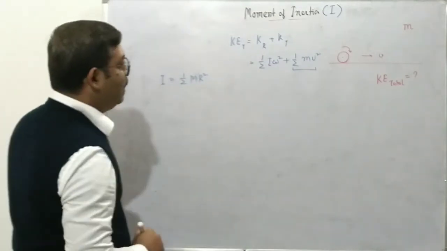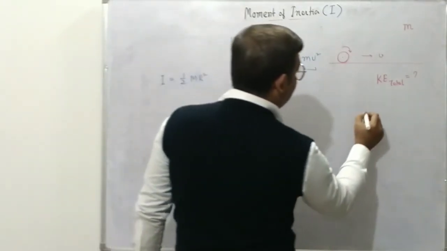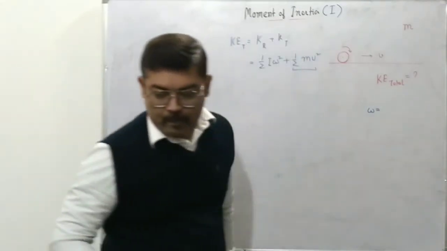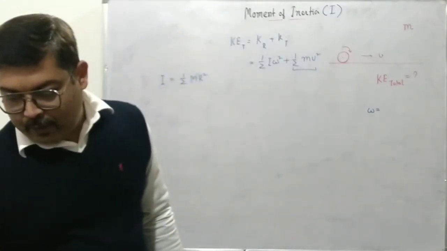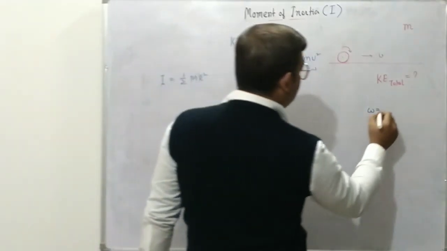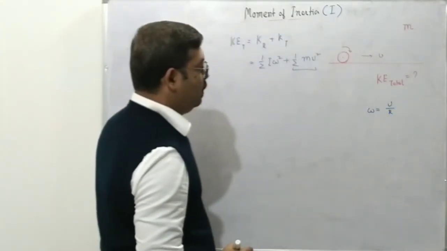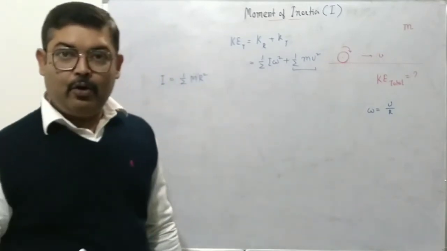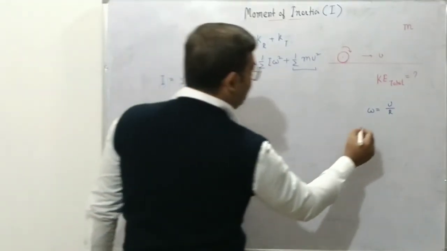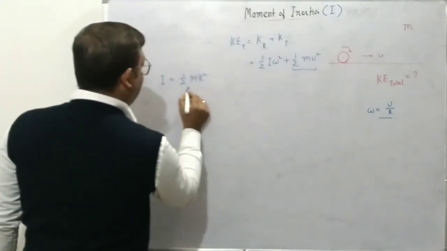Now what is omega? Omega will always be v by r, v equal to r omega. So omega is v by r and I is this.